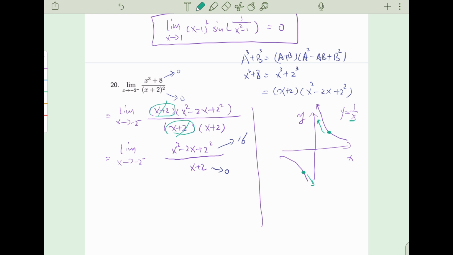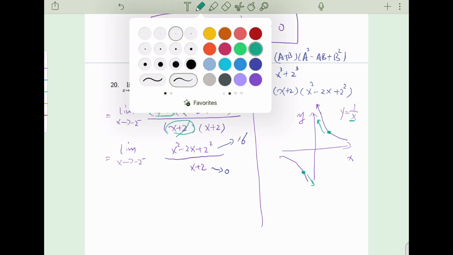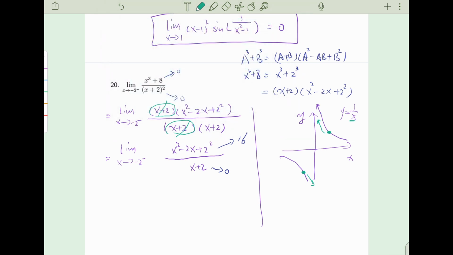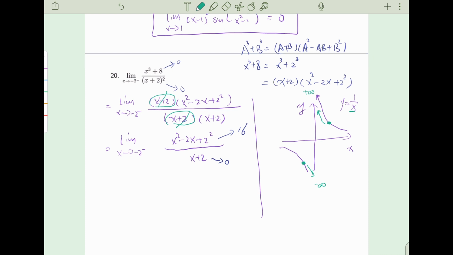So it becomes negative infinity. So it can go up to positive infinity, and it can go down to negative infinity. That's the idea why when the denominator is small, the fraction is very large. Okay?